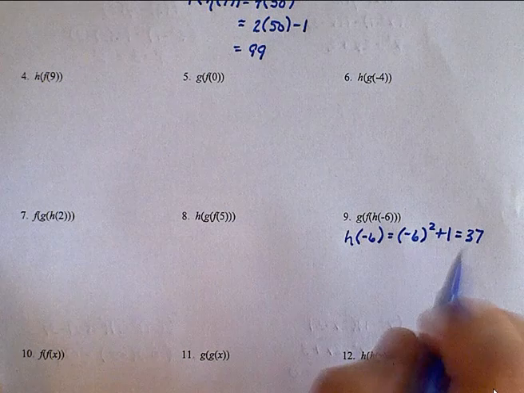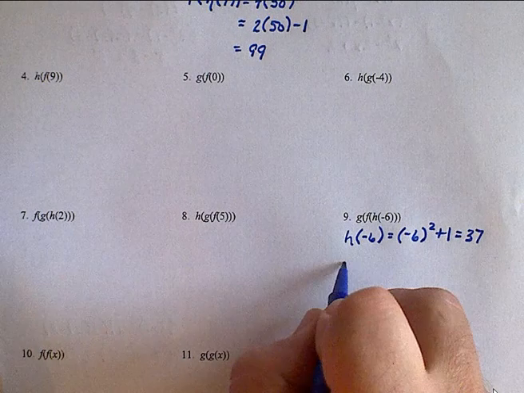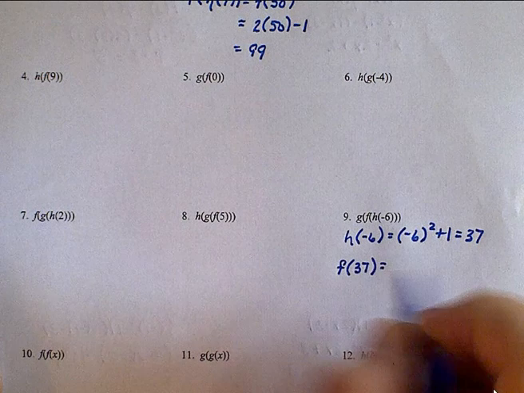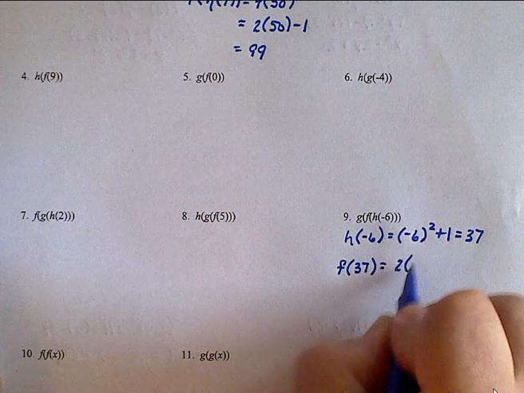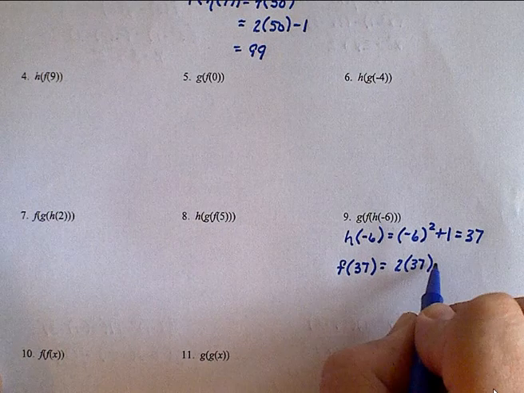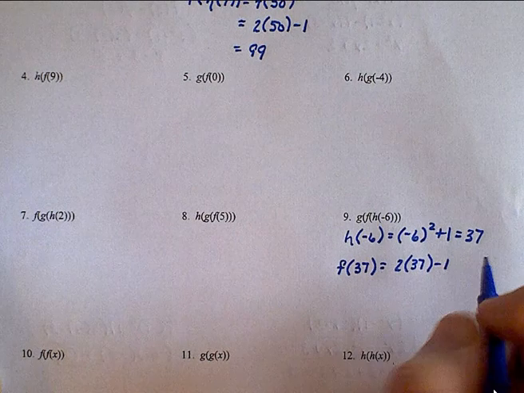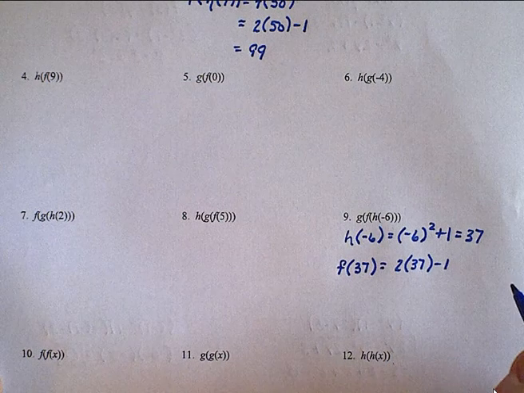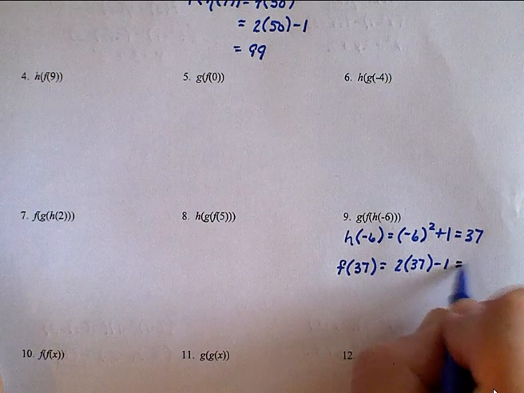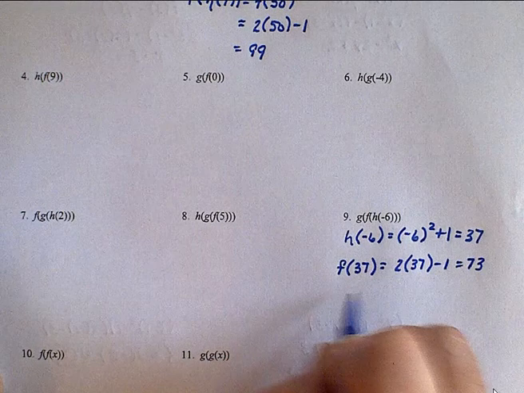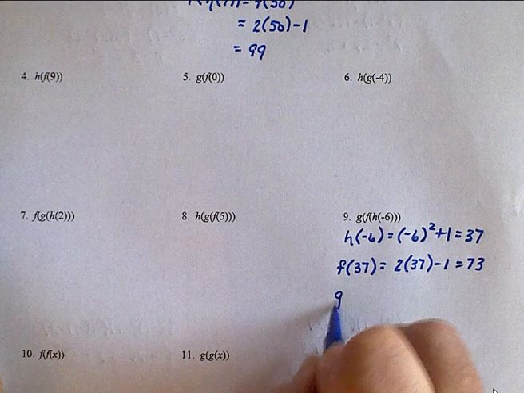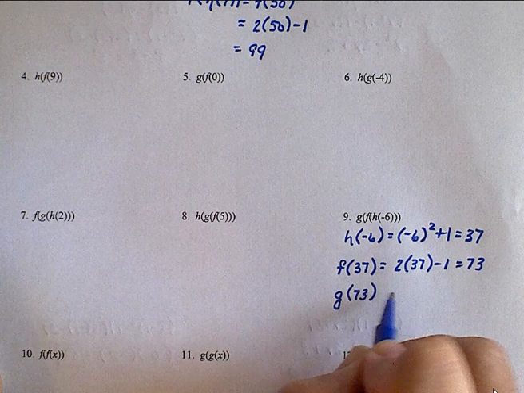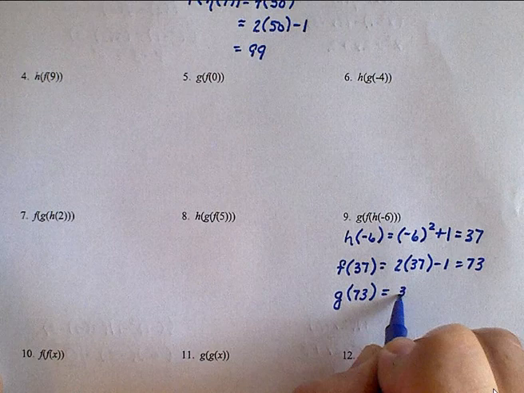Take that 37, plug into f. f of 37 equals 2 times 37 minus 1, okay? Which is 73. And then I want to take g of 73, which is equal to 3 times 73.